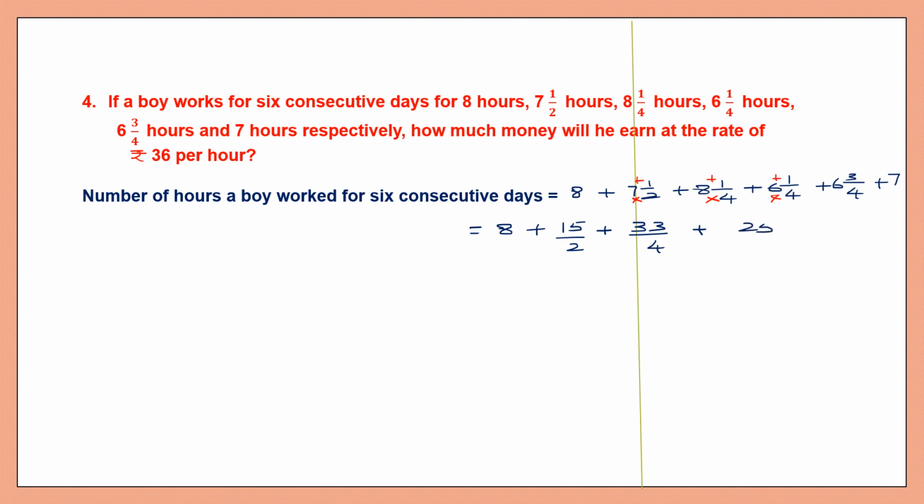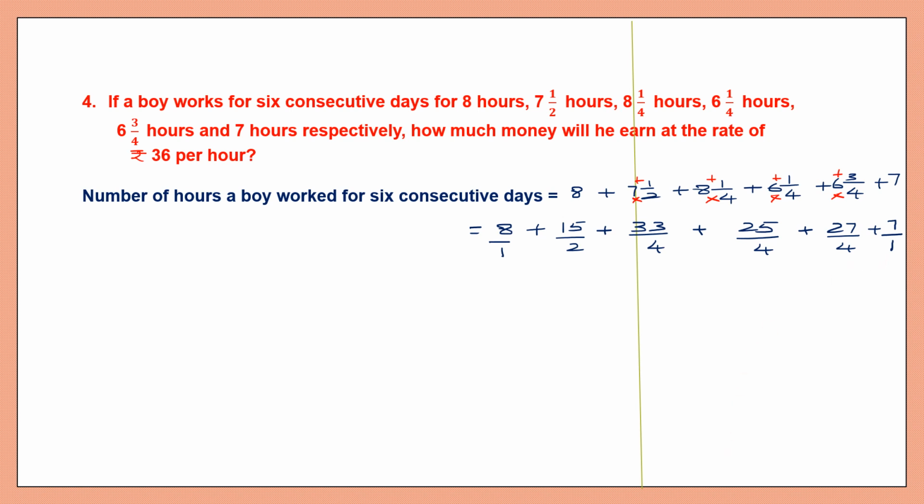So 25 by 4 plus, next one is 4 6s are 24 plus 3 is 27. 27 by 4 plus 7. So we'll make it 7 by 1 and the first number 8 by 1. Now look at all the denominators 1, 2, 4, 4, 4 and 1. Since the denominators are different, we have to find the LCM of the denominators to make it equal.